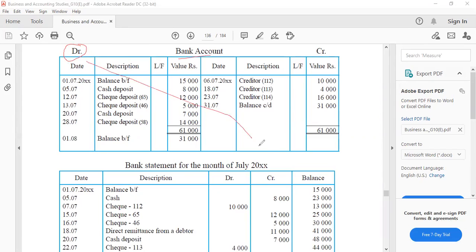Debit side of the bank account, you must compare with the credit side of the bank statement. And the credit side of the bank account, you can compare with the debit side of the bank statement. So let's compare and see.